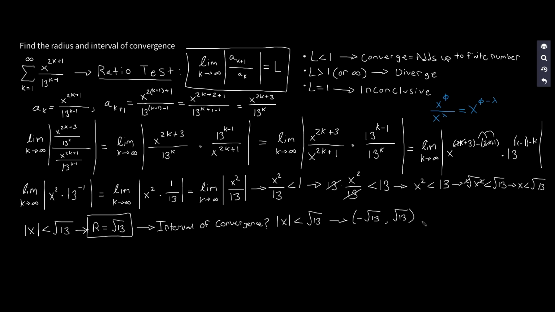So to do this, we'll test x equals root 13. So we're going to substitute root 13 back into the original series. Here's our original series up here. So instead of x, we're going to put root 13, which they're going to raise to the power of 2k plus 1, and we'll keep the denominator the same.